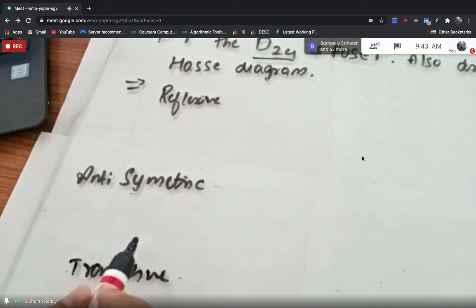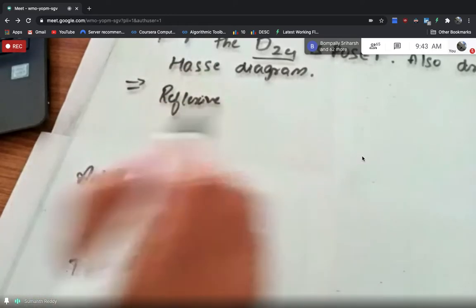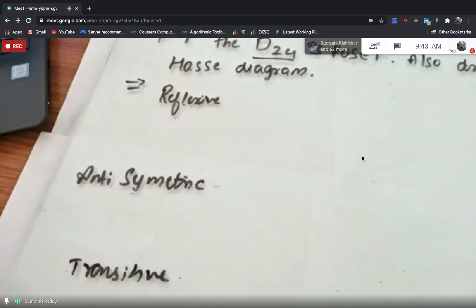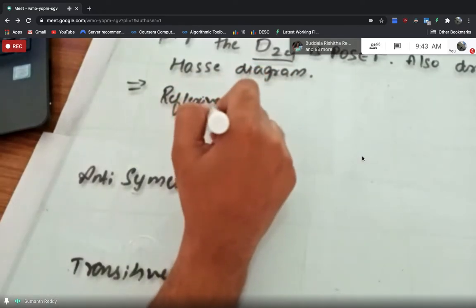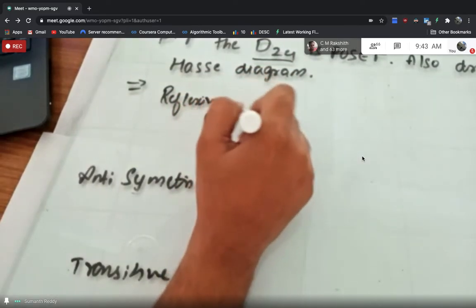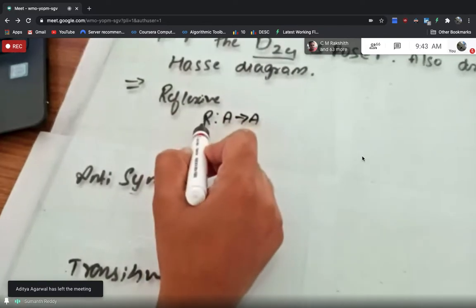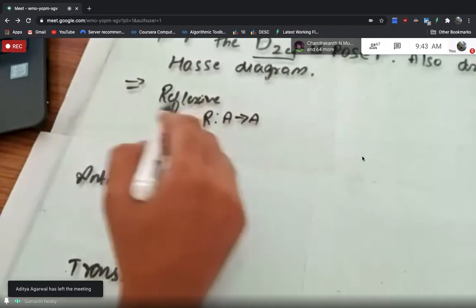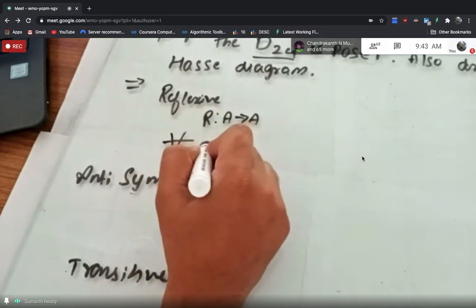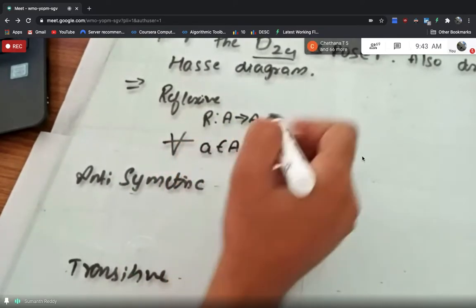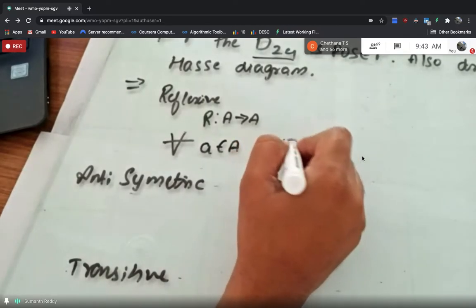First, in order to check whether the divisibility relation is reflexive or not, we know that every number will divide itself. Let me assume that the relation R is defined on the set A. Now for every element a that belongs to the set A, a divides a.